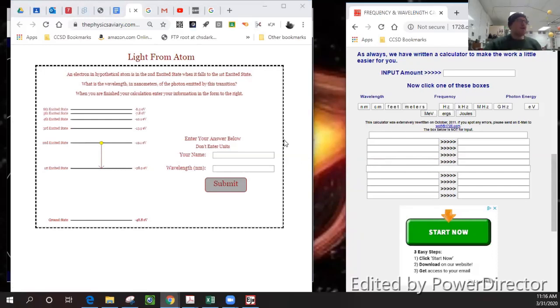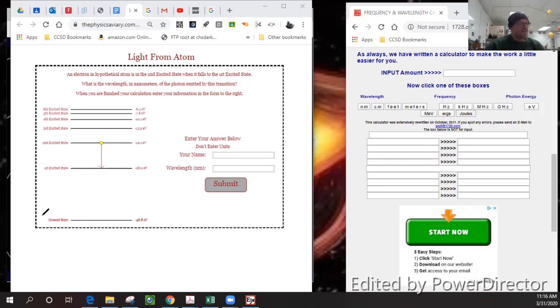It says here, light from a photon. Let me use some drawing tools to annotate. In this problem, we have an electron at the second excited state. This is the first excited state.